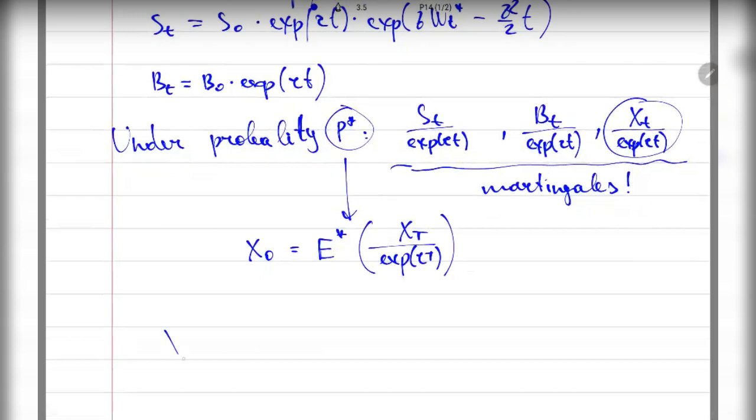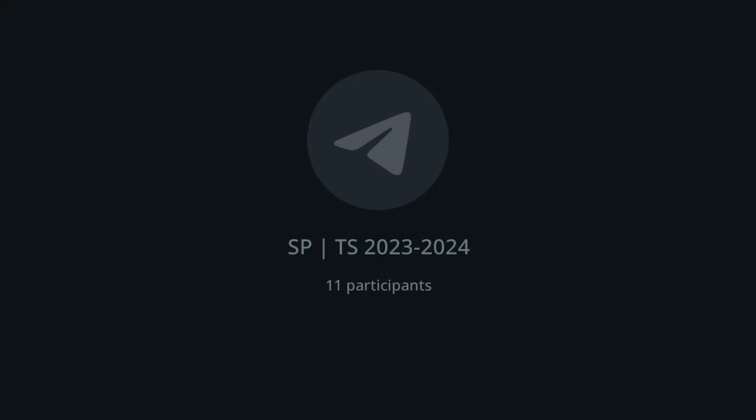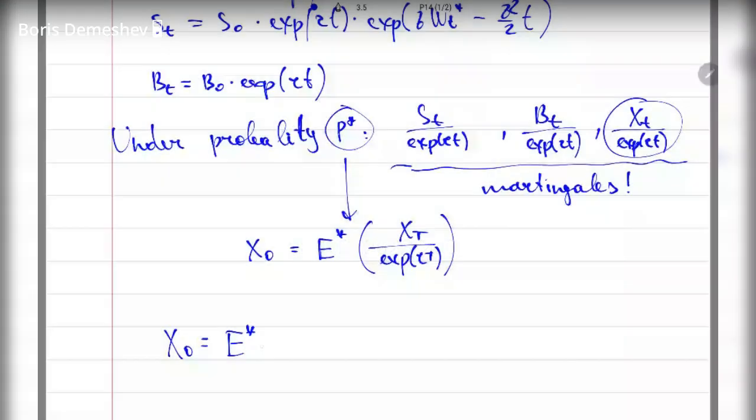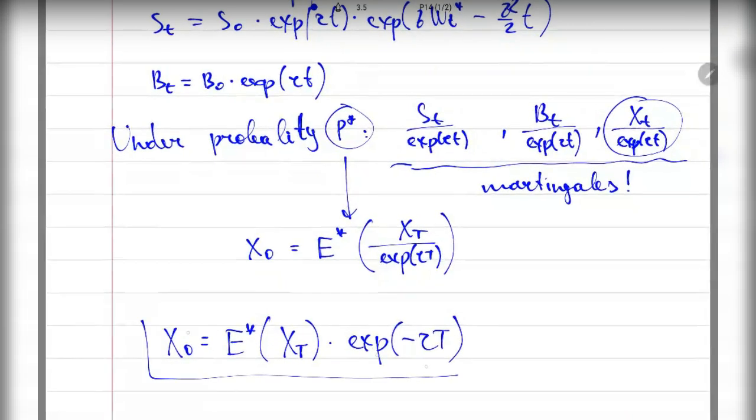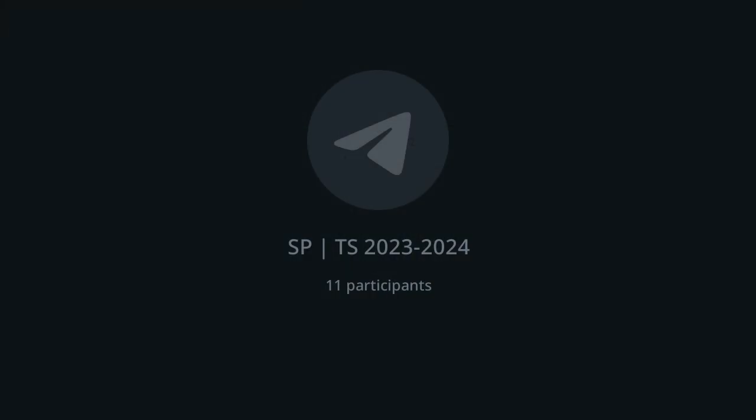Hence, to calculate X0, we just need to calculate the risk neutral expected value E star of Xt, and discount it by multiplying by exponent minus RT. So the problem of pricing European claims in theory boils down to the calculation of an expected value under this strange risk neutral probability measure P star. We have no explicit expression for P star.